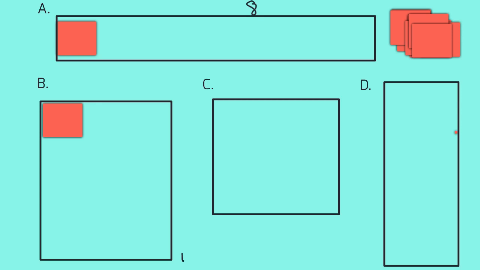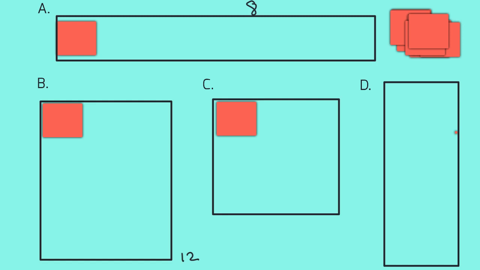And for C, let's see how this one goes. So if B was 12, then I'm thinking C's got to be less. So 1, 2, 3, 4, 5, 6, 9, maybe 9.